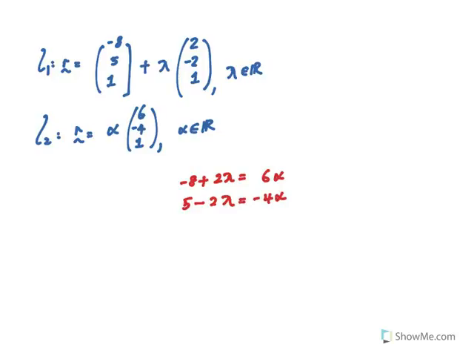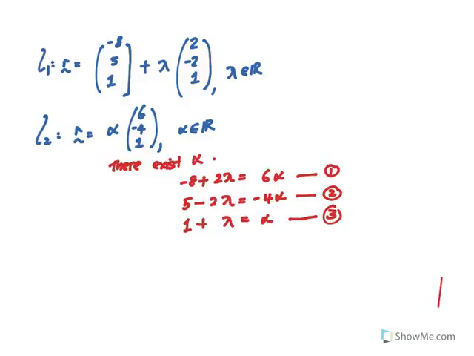If we equate the z components, 1 plus lambda equals alpha. We call these equation 1, equation 2, and equation 3. At the point of intersection, there exist alpha and lambda such that these two are equal.